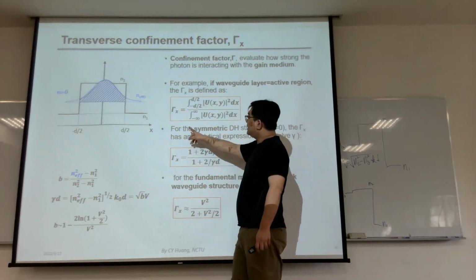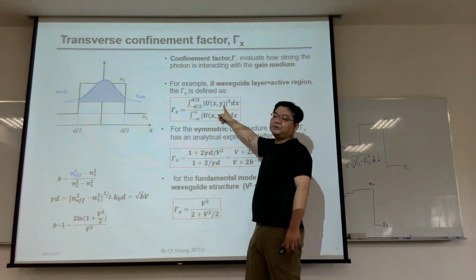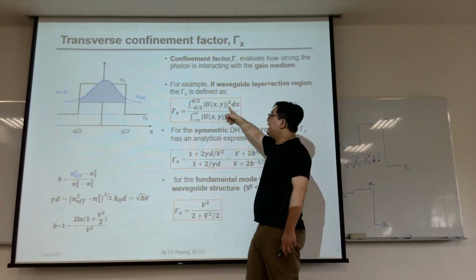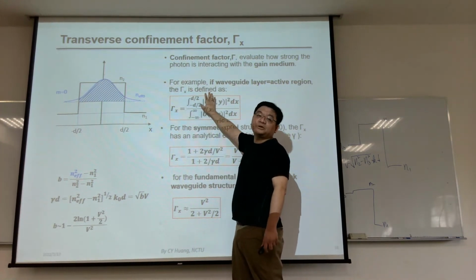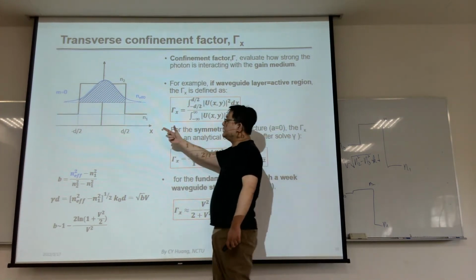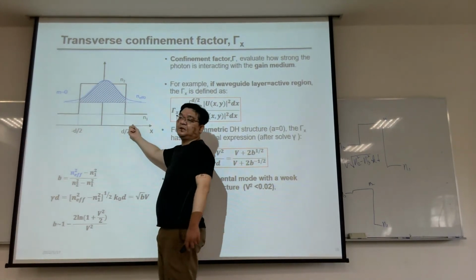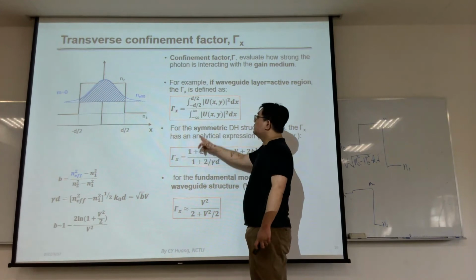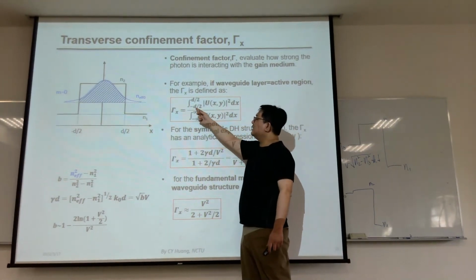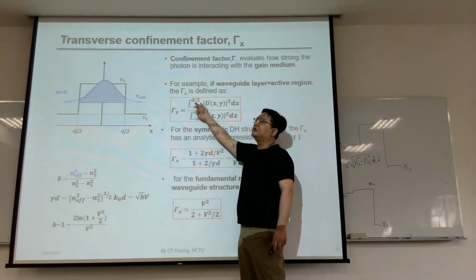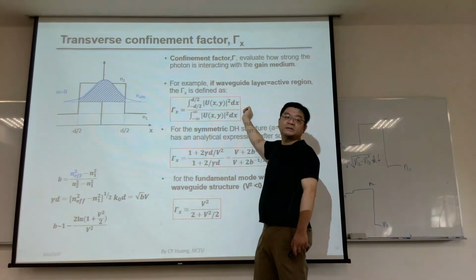So it should be proportional to the square of the field. So the confinement factor could be done just like this. You take the square of the electric field, then integrate over the intensity region. For such a waveguide, the region is from -2D to half of D. So gamma X is the field integrated in the guiding layer divided by the integral over all space.